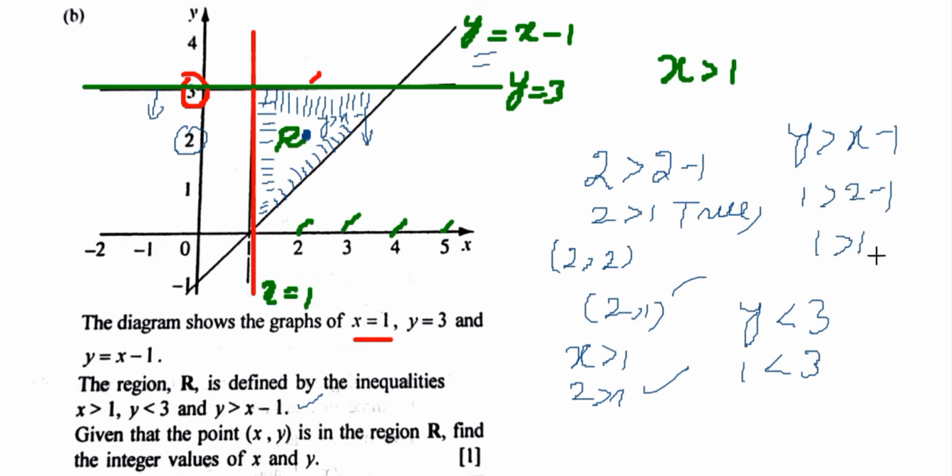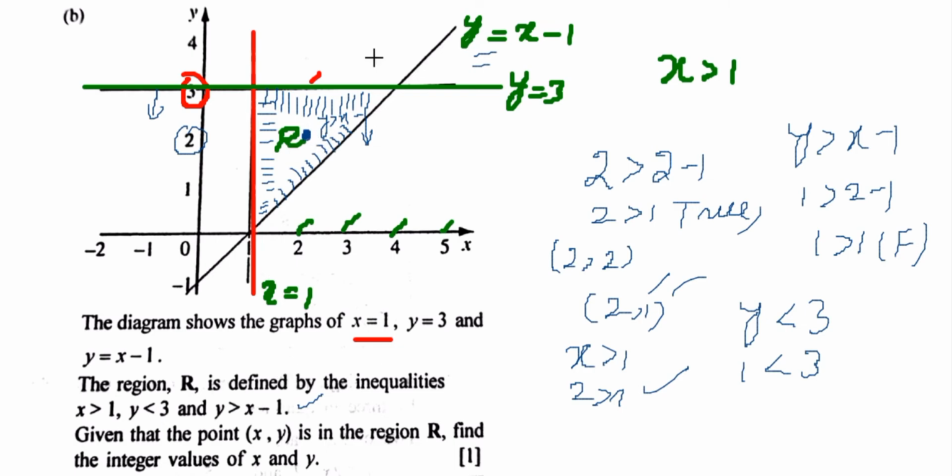No, this is false. 1 can never be greater than 1. So this point does not satisfy the last inequality. It means there is only one integer value that lies in this region and satisfies all the inequalities.